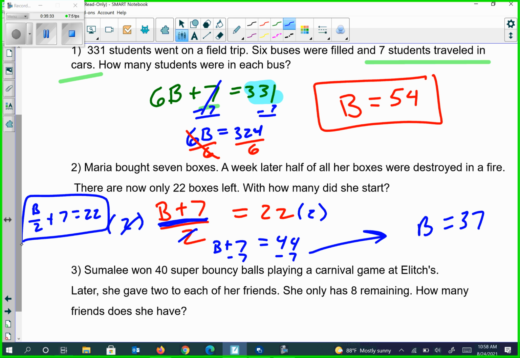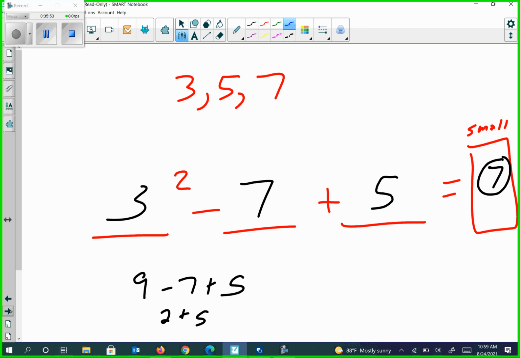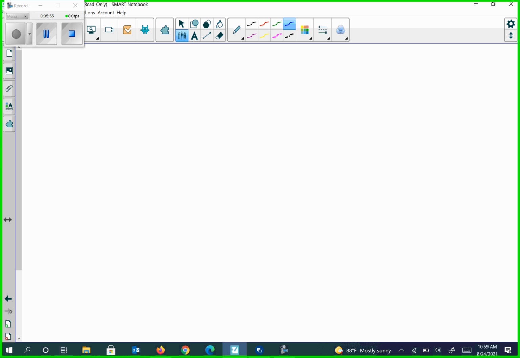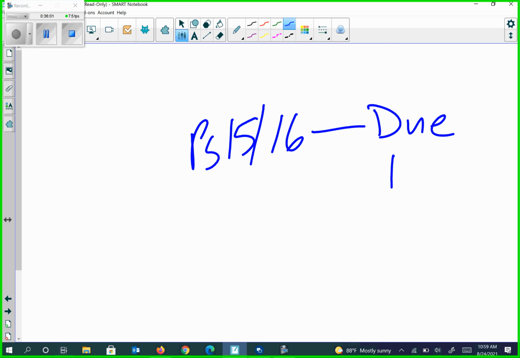So, my friends, tomorrow we have our first quiz. It's the front and the back. And it's good all the way up through basically what I taught today. Now, let me get to a clear page. I would like us to do pages 15 and 16, but this is due Thursday.